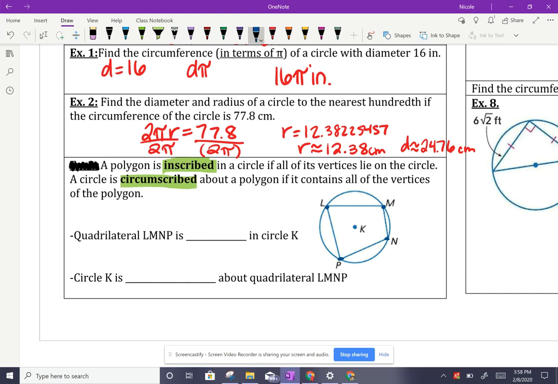So quadrilateral LMNP is inscribed in circle K, and circle K is circumscribed about the quadrilateral LMNP.